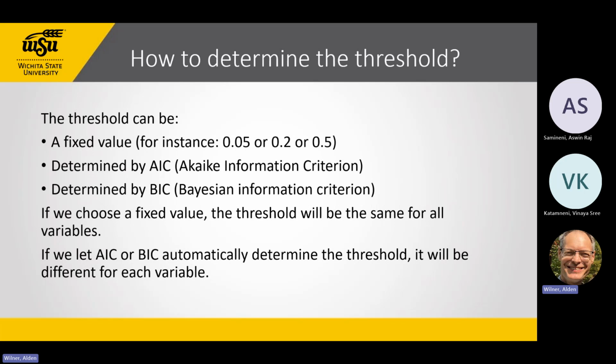Or we can use information criterion. There are two different information criteria that are popular, the Akaike and the Bayesian information criterion. If we choose a fixed value, the threshold is the same for everything. The AIC and BIC basically move the goalpost.